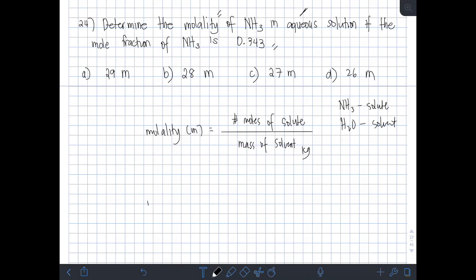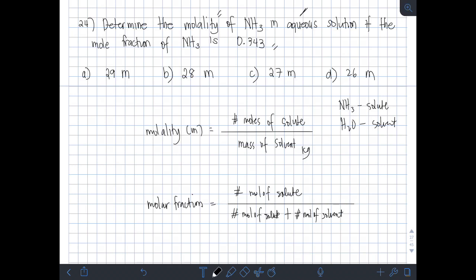We know that the mole fraction, this time of the solute, is equal to, like in the previous example, the number of moles of solute over the number of moles of solute plus the number of moles of solvent.